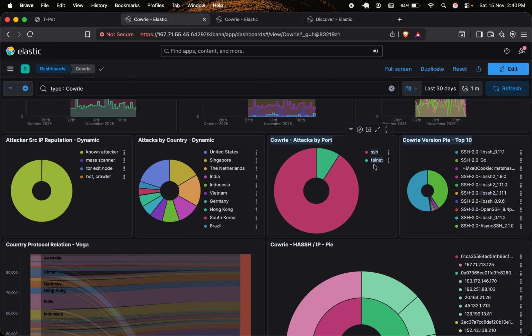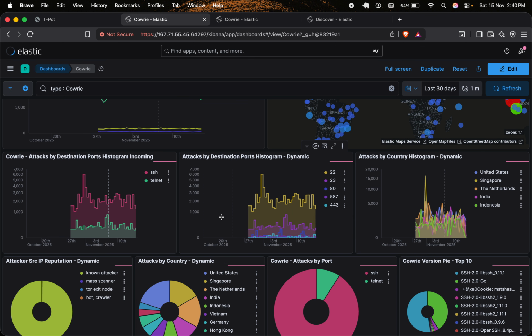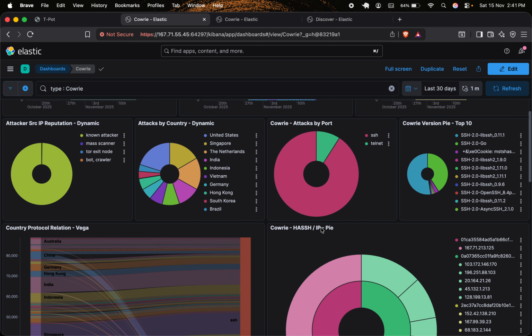Nowadays Telnet is not used so much, but many IoT devices still use Telnet networks. These are the port numbers on which they attack the most: SSH on port 22, Telnet on port 23, and they also use HTTP and HTTPS.